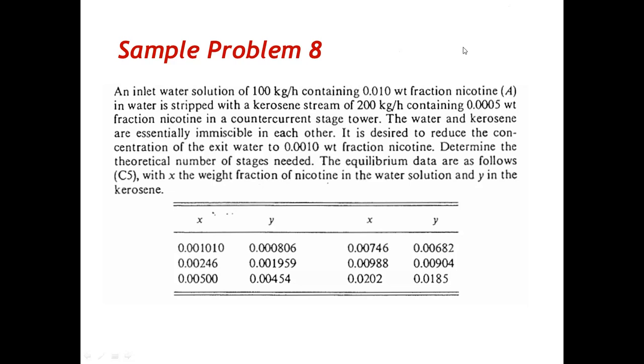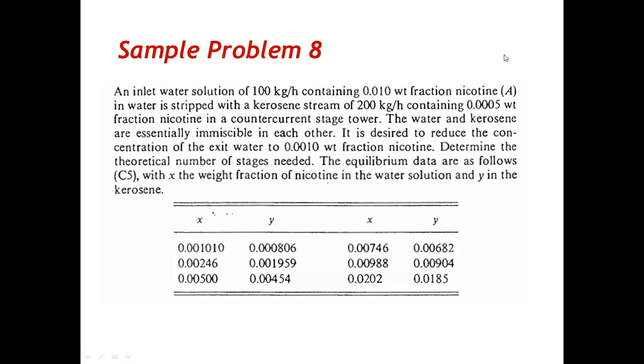Now you have to understand, class, that though stripping was the term that is used here, you are processing two liquid streams or two liquid phases. And the feed, which contains the nicotine, will be processed by stripping off the nicotine using the kerosene stream that also contains a little of nicotine.